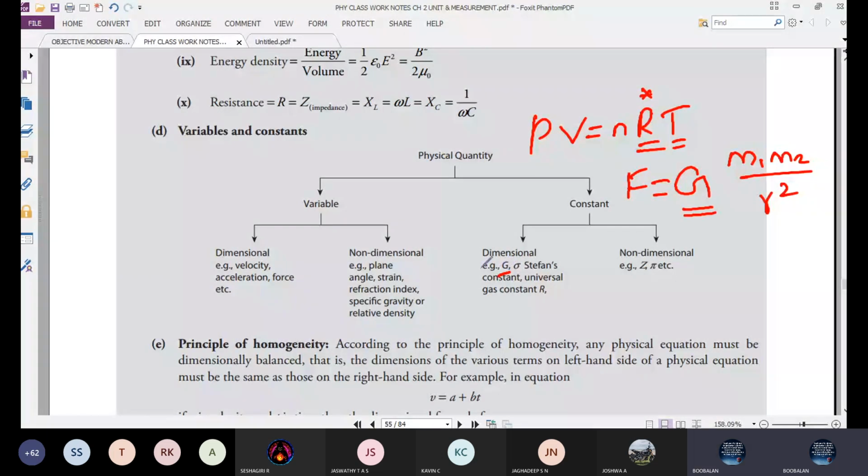Okay. Physical quantity is classified into two: variable and constant. Variable: dimensional, non-dimensional. Constant: dimensional, non-dimensional, with examples. Take notes.